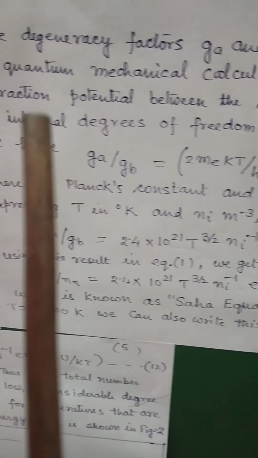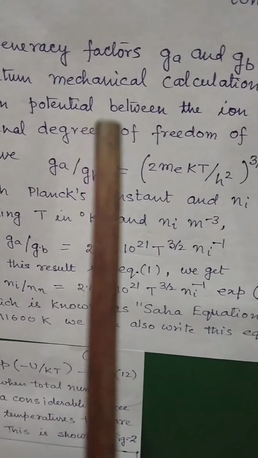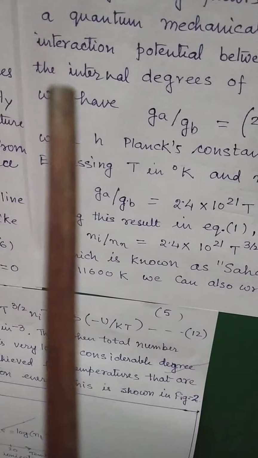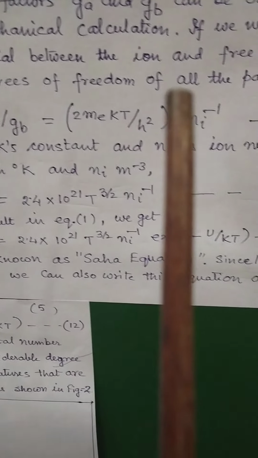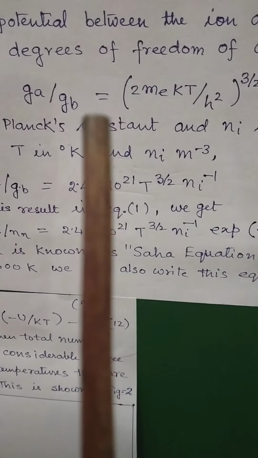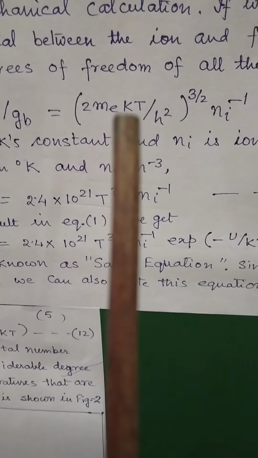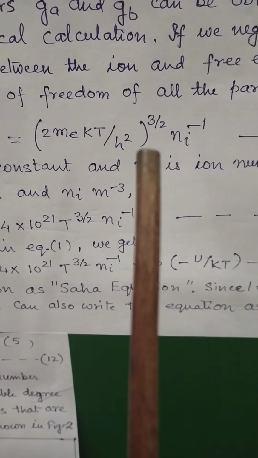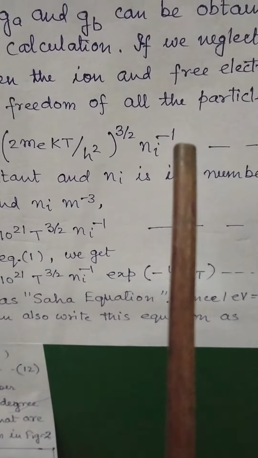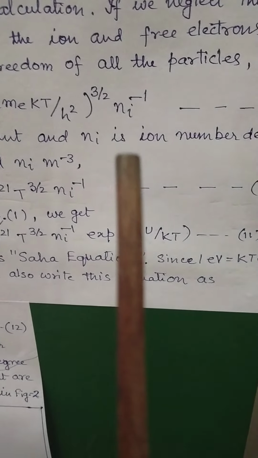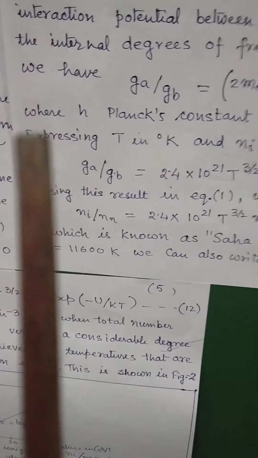If we neglect the small interaction potential between the ion and free electrons and the internal degrees of freedom of all the particles, then we have Ga upon Gb equal to (2π m_e kT/h²) raised to the power of 3/2 multiplied by ni raised to the power of −1. Let it be equation number 9, where h is Planck's constant and ni is the ion number density.